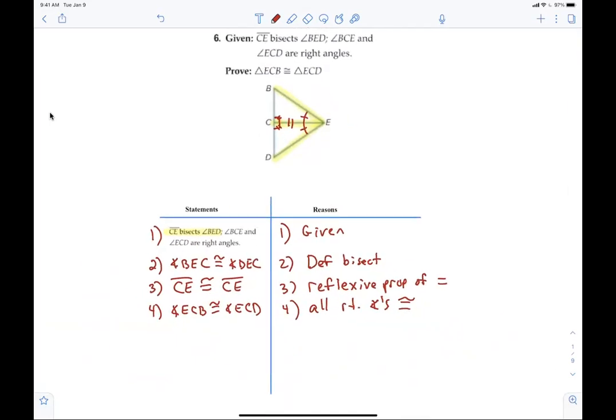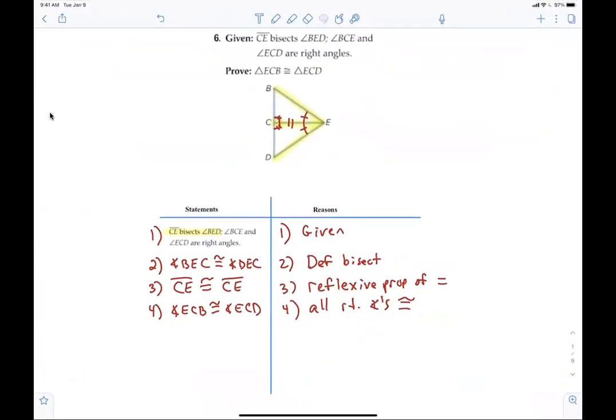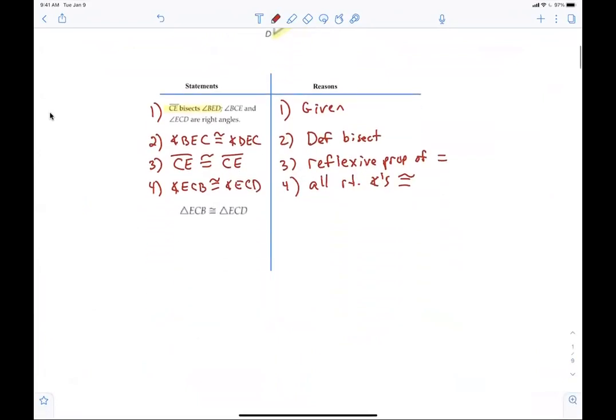All right, so now that we've established that, we can now come back and we can grab this. Paste that in. And now, why is that true? Angle, side, angle. Like I said, I just didn't think that was that hard.